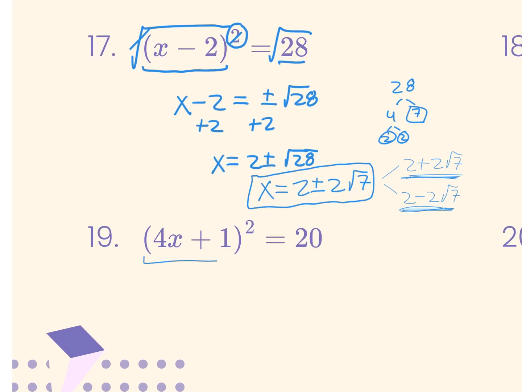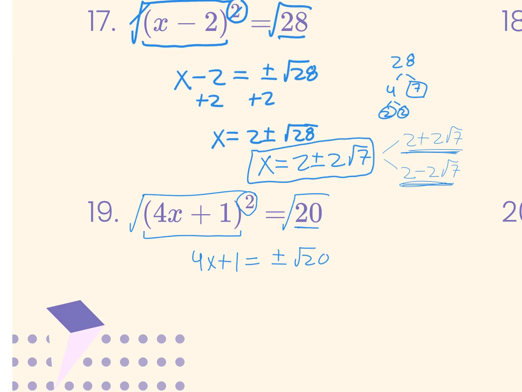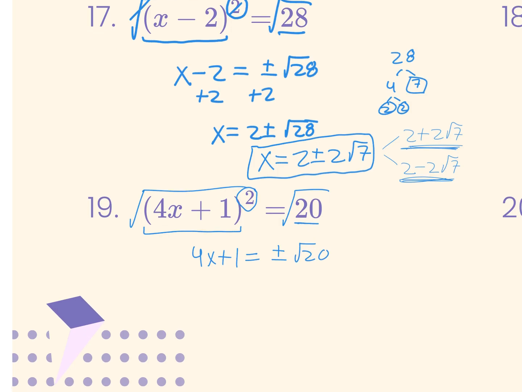Again, I have something squared. This whole thing is squared, and I have a number on the other side. So I can go ahead and square root and square root. So this is going to be 4x plus 1 equals plus or minus the square root of 20. And then now we need 2 steps to get our x by itself.